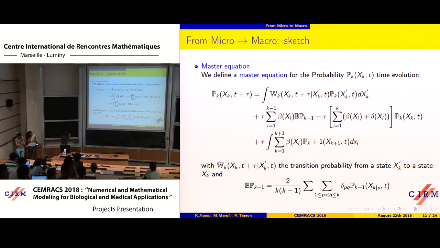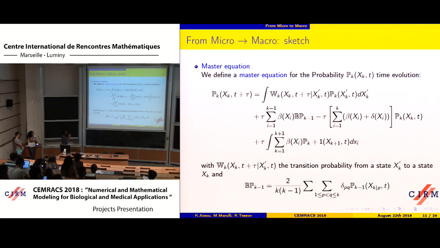The probability of having k cells at a time t plus tau is equal to the transition probability, the probability to go from a state S_k' to a state S_k at time t plus tau, times the probability to be at a state S_k' at a time t.